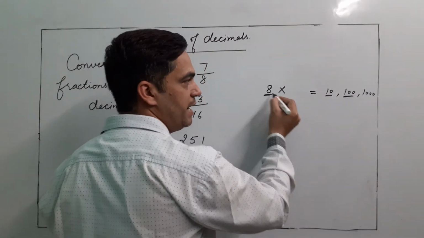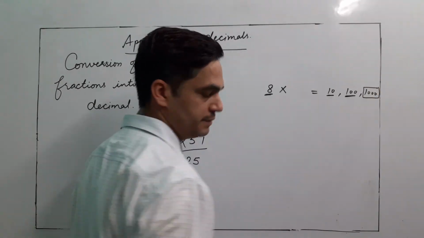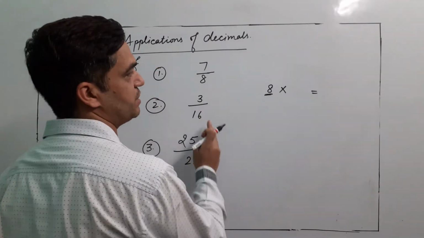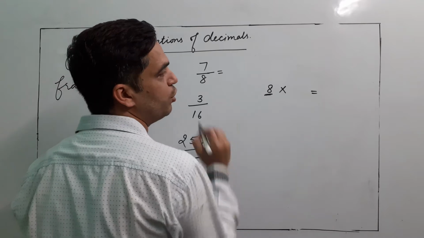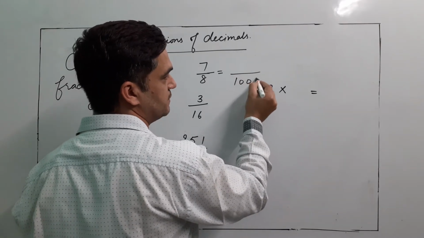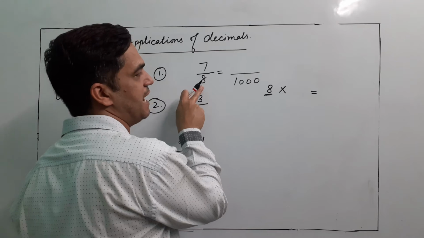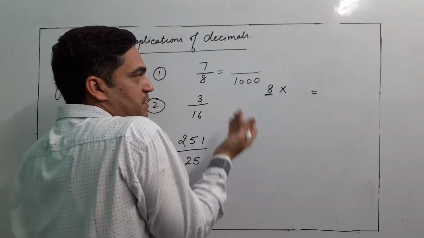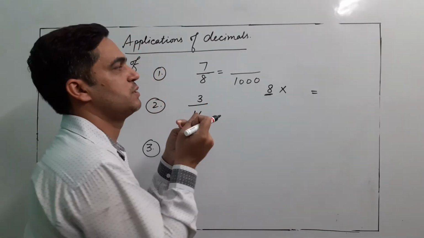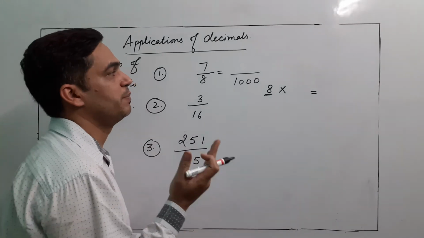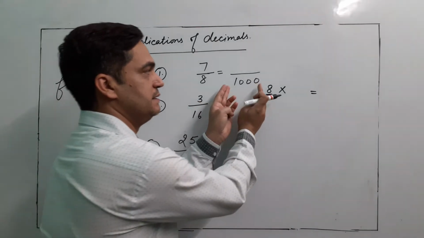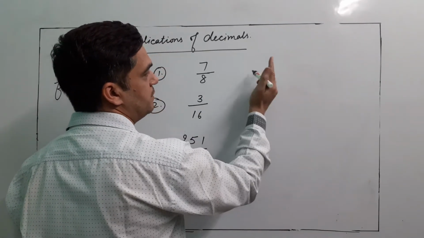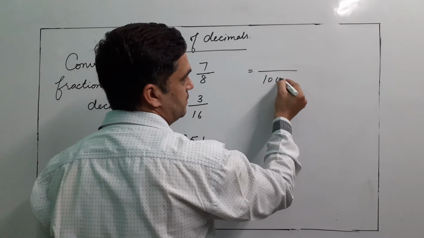In the multiples of 8, you can find 1000. So I want to convert this fraction into equivalent fraction with the denominator 1000, because 8 doesn't have a multiple of 10 or 100. In multiples of 8 we can get 1000. So better we will convert this denominator as 1000.